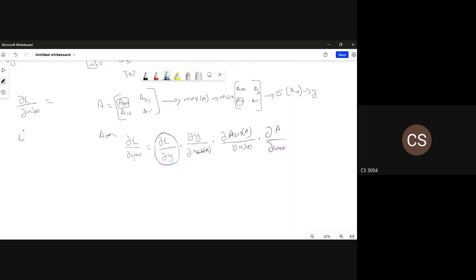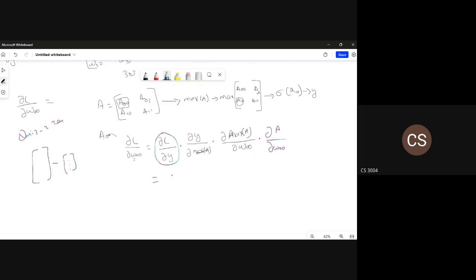Like in quiz 2 of term 2, you might have seen a 1D max pooling layer, where you have a one-dimensional input, you take a max, and you have 4 elements in it. This is just an extension of that concept to a one-dimensional or flattened input. So what are all the quantities I need to compute here?